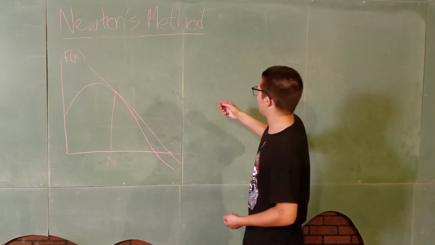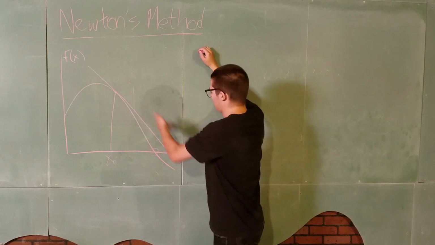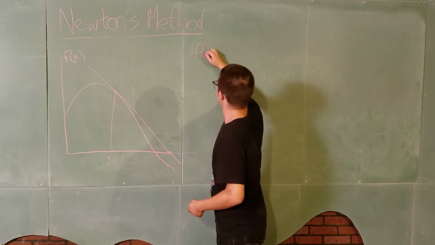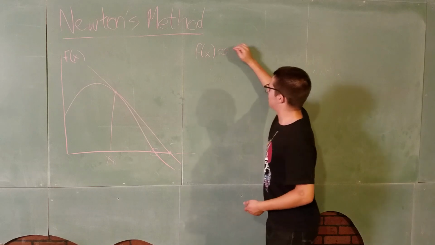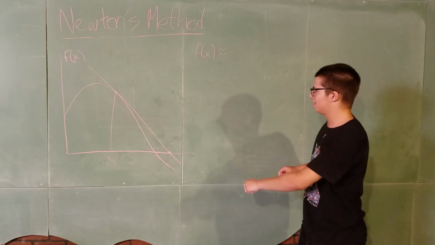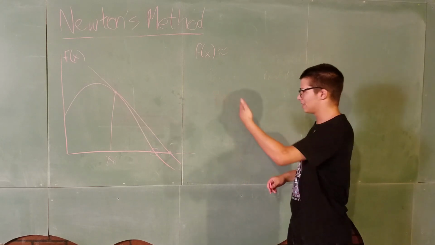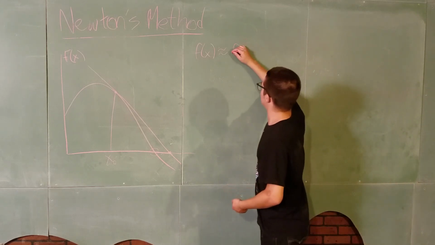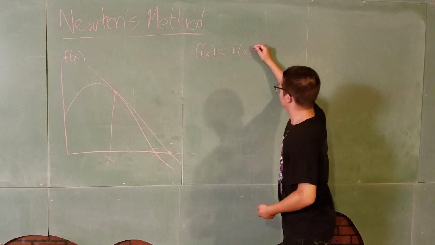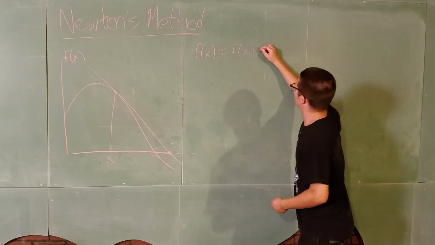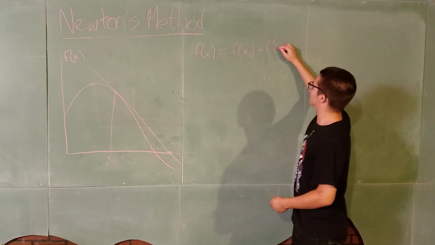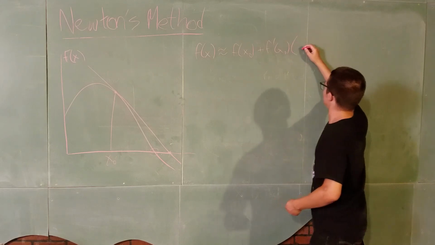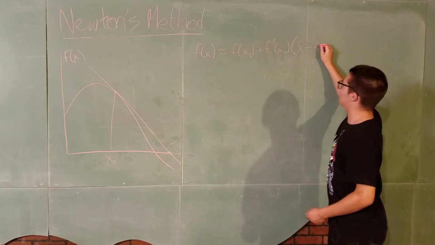And so how we do that is this line, the equation for this line, will just be the first two terms in the Taylor expansion of this function. And we're assuming it's continuous and differentiable. So that's going to be equal to the value of the function at x0 plus the derivative of the function at x0 times your displacement from x0.